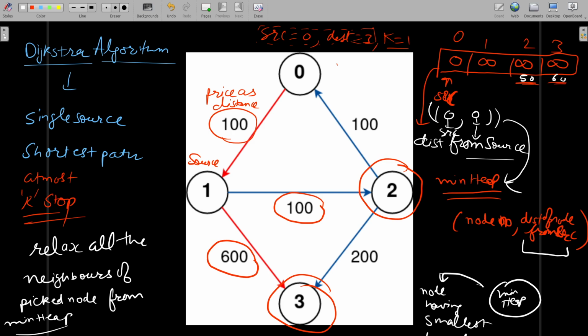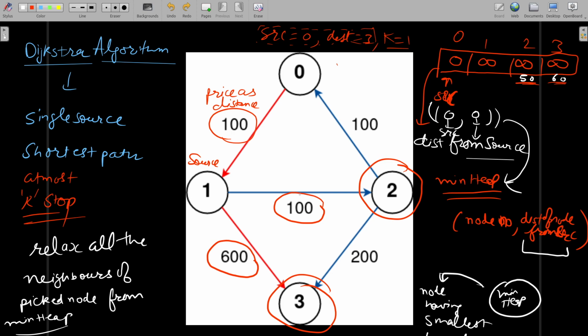Then 600 and 100 are both greater than their corresponding nodes' distances from source right now, so these should not be updated, because we are not finding any shorter path. This is the trick that Dijkstra algorithm uses. Whenever you find a shorter path to a particular node from source, you update it. Else, if the path is not shorter than the previously known path, you leave it as it is.